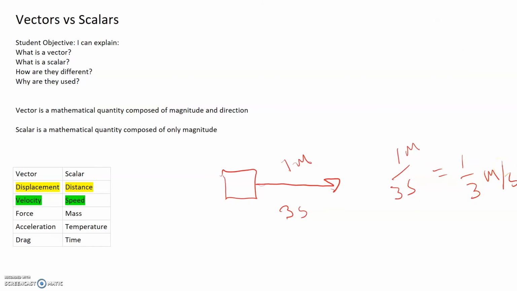That would be my speed because it took me 3 seconds to move 1 meter. Okay? But if I wanted to express this as a velocity, I would say that I moved 1 meter to the right in 3 seconds. And so that would be 1/3 meter per second. And you can either draw a vector to that direction, or you can write to the right.